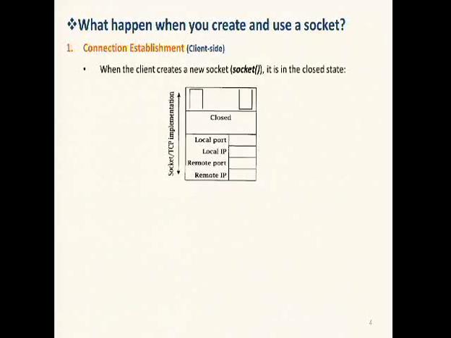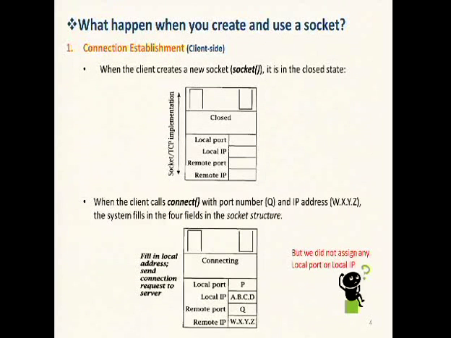So let's first take the client-side example. When the client creates a socket, the TCP will create a structure, and it says the state is closed. So no communication. All we have is a descriptor pointing to memory for a structure, and the only value we have right now is closed, which is the state value.